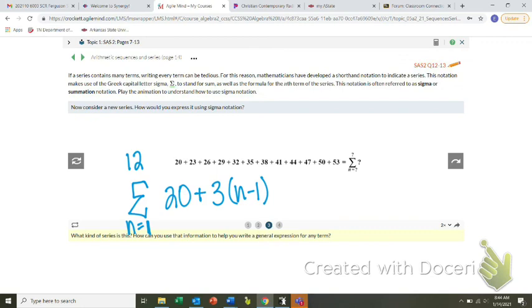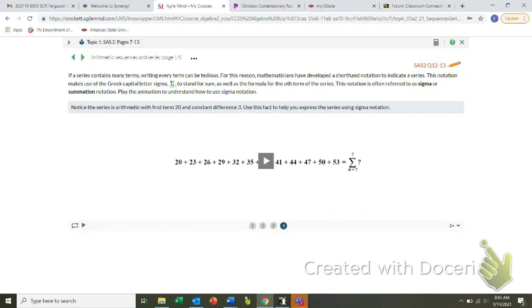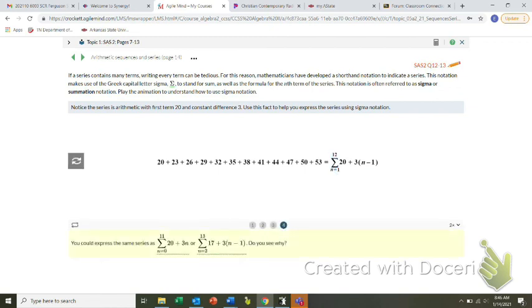Okay? That's what that means. So let's hit the 4 and see what it shows us. Shows us the exact same thing we did. Okay?